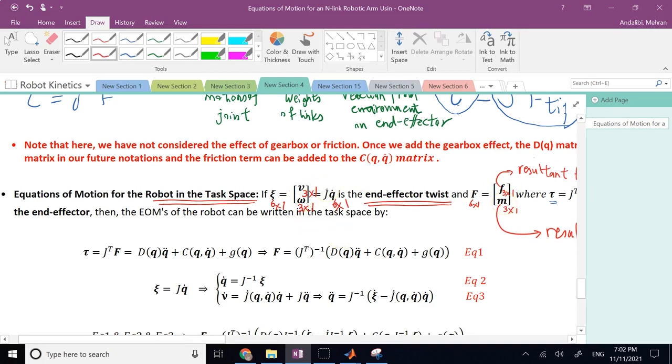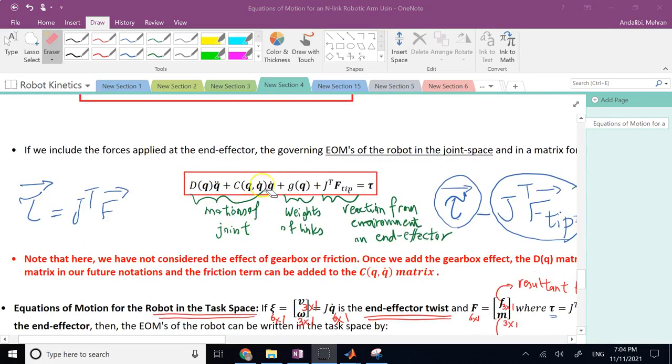Now, how do we do that? What we need to do in this governing equation that we derived in the joint space is to convert or substitute for the terms q dot, the q double dot term, and the tau, and replace them with xi and capital F. Here, for simplicity, we neglect this extra term of the end effector and just go with the simpler term.